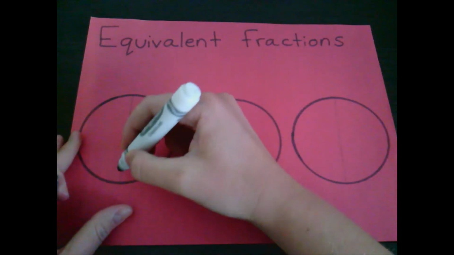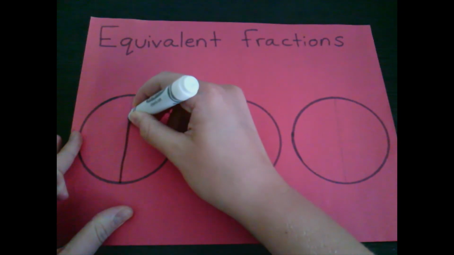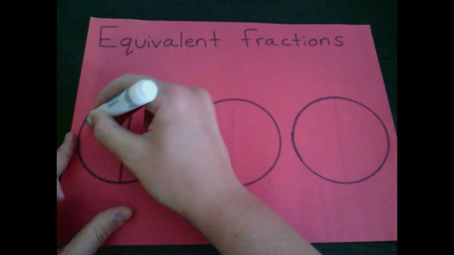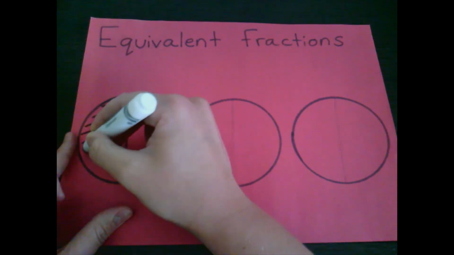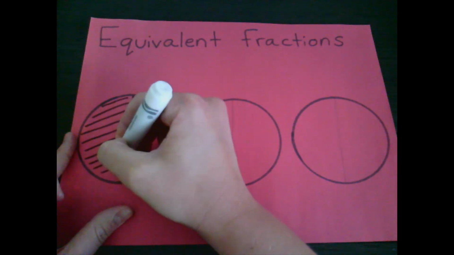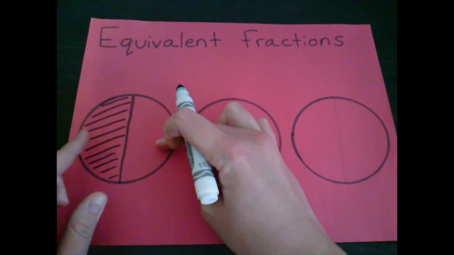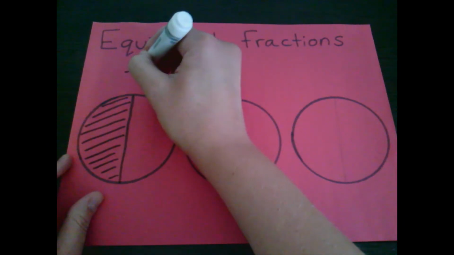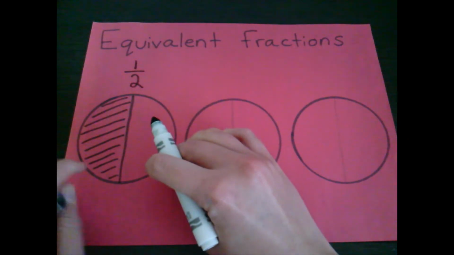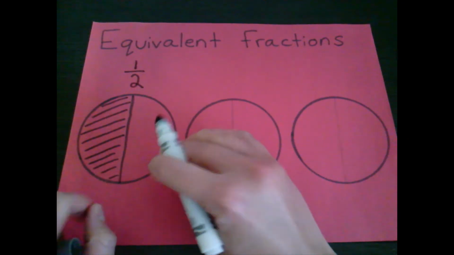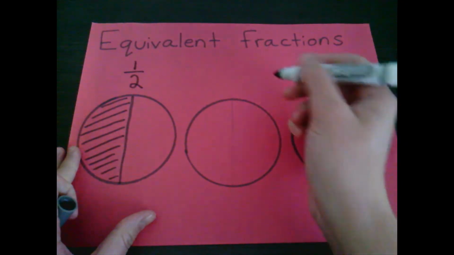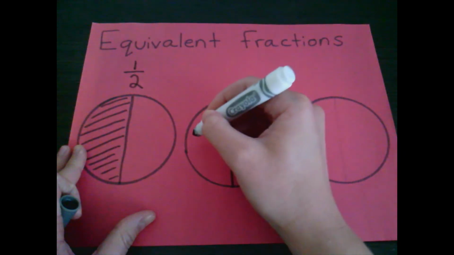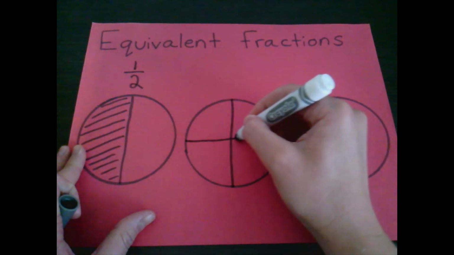I'm going to divide this one circle in half. And let's just shade one portion of it, okay? So for this, in the beginning, we had 2 halves, and I shaded one of those halves. So I shaded 1 out of the 2. So the shaded portion represents 1/2. Okay, now I can do the same thing here. What if we divided it in half, but divided it in half again?